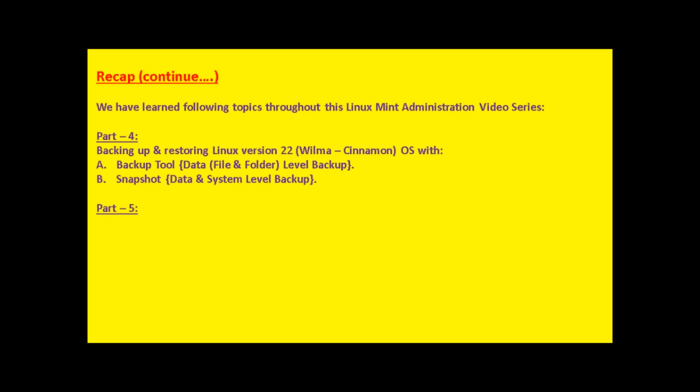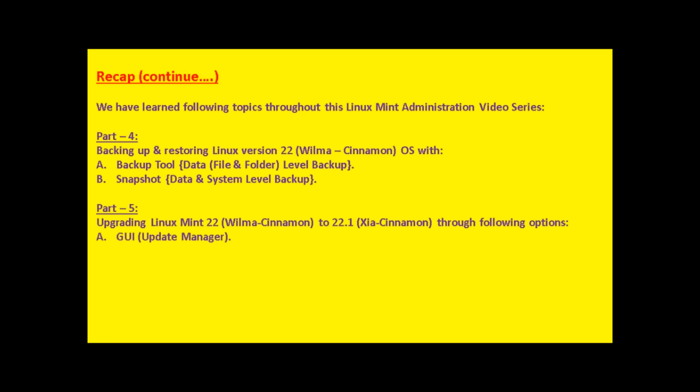So in the next part 5, we have learned how to upgrade our Linux Mint 22, that is Wilma Cinnamon edition, to 22.1, that is Xia Cinnamon, through the following options. We have seen two different options for upgrading our Linux Mint operating system. First option is of course the GUI through Update Manager. That's the simplest way. Through the GUI Update Manager, you can directly upgrade from Linux Mint 22 to 22.1.